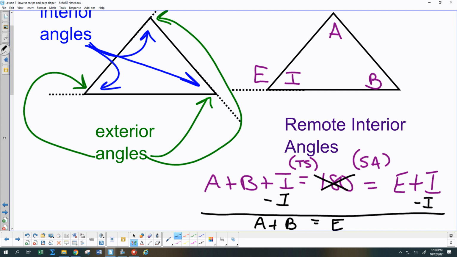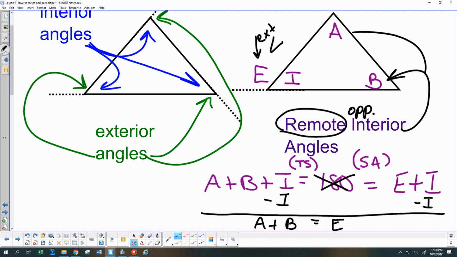So I have this exterior angle equals the remote interior angles, remote meaning the ones that are on the opposite side of the triangle. So A and B are the remote interior angles relative to E. So a shortcut on problems on your homework sets, if you have an exterior angle, take the two remote interior angles and add them up, and that's all you have to do to get the measure of that exterior angle.